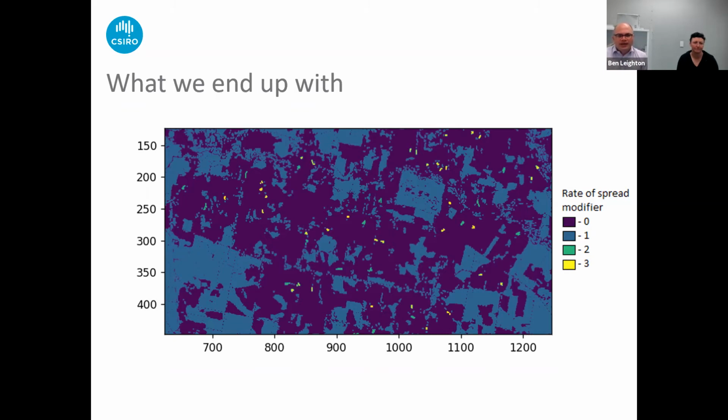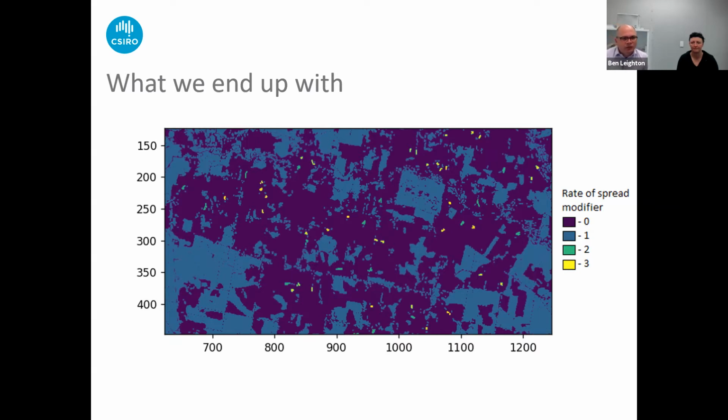And what we end up with after we go through this entire process is a modified version of this vegetation continuity layer. You can see here that small isolated patches of vegetation have been identified, and we've assigned them a rate of spread modifier. We haven't detailed the exact rules in this presentation because they're fairly complex, about the different rate of spread modifications that happen.